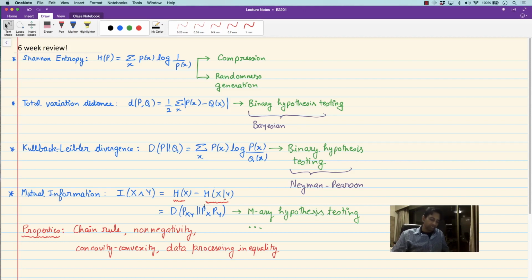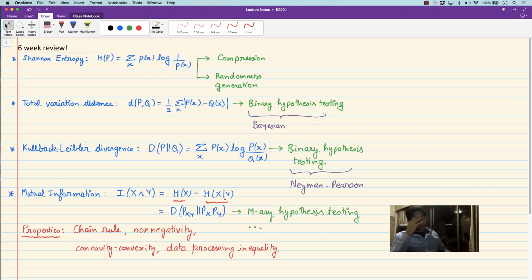So mutual information captures how far your distribution is from an independent distribution. In an independent distribution, the random variables X and Y have no correlation. And how far the actual distribution is from this independent distribution captures the amount of randomness. Alright, and we also roughly saw through Fano's inequality how this mutual information controls the probability of error for an M-ary hypothesis testing problem. We'll elaborate on that later again.